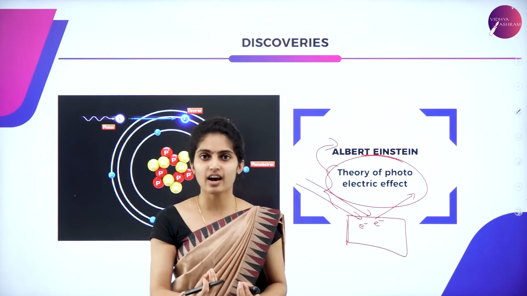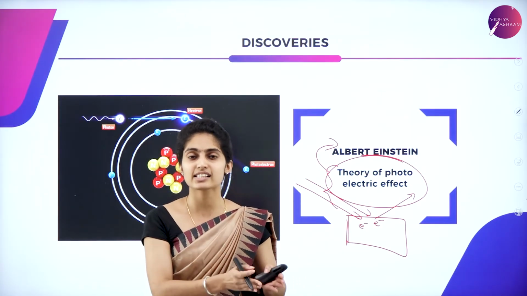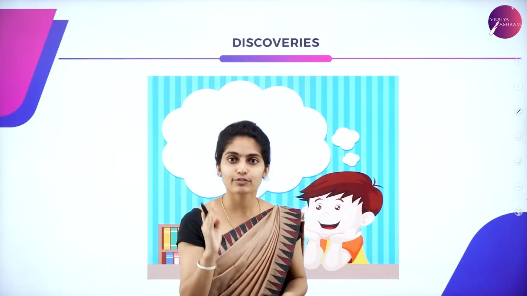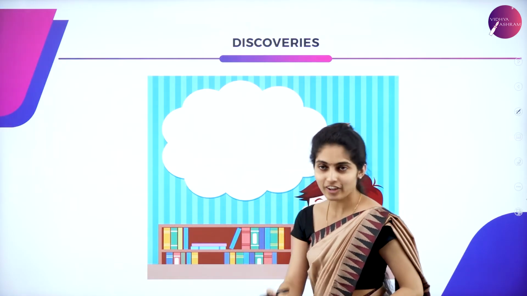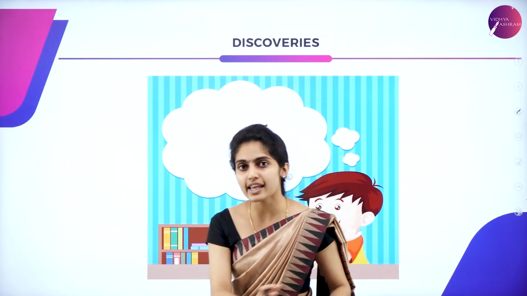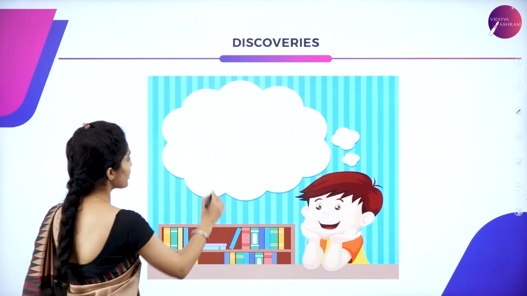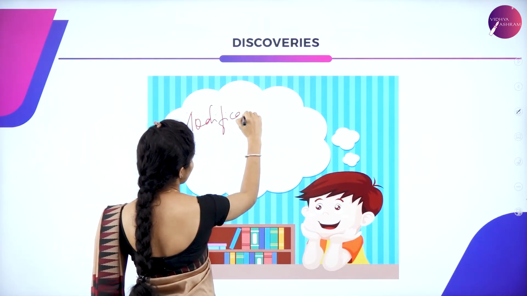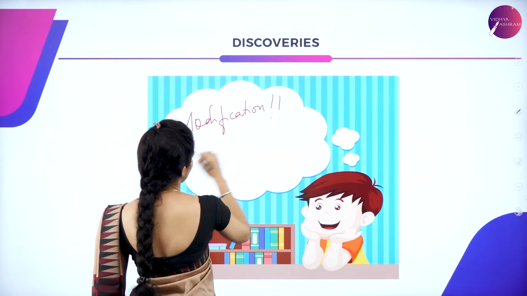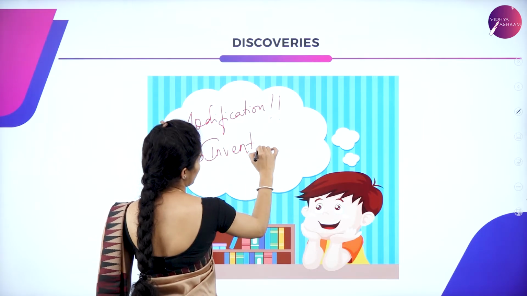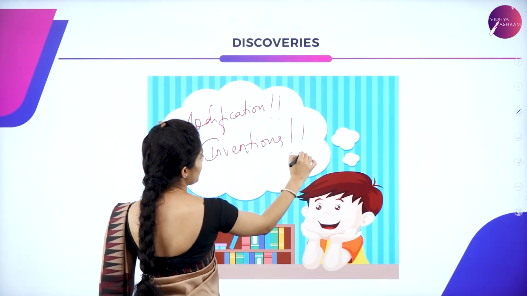Having these ideas as a foundation, we thought, and we came up with different modifications having the same base, the same foundation. So we got an idea of modifications and new inventions.